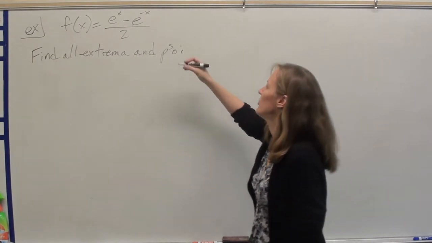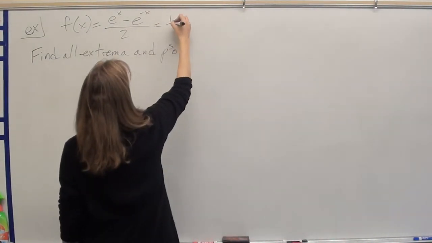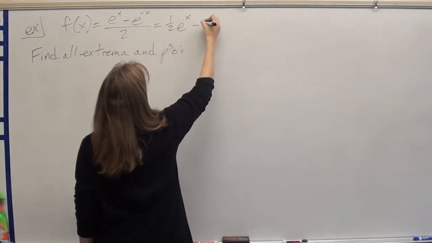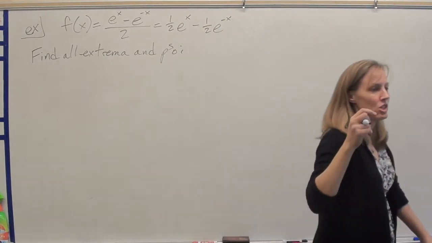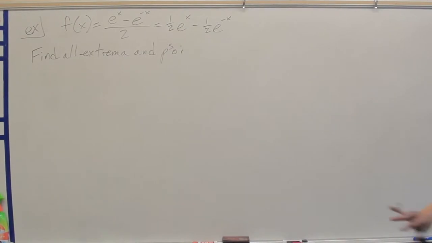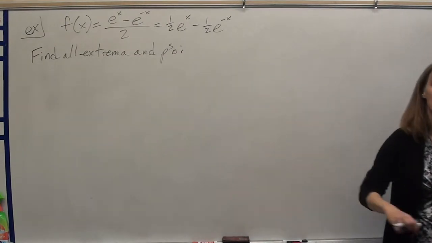Rewrite it as a coefficient. So you can just write this as 1/2 e to the x minus 1/2 e to the negative x. Remember, when there's just a number on the bottom, don't spend time on quotient rule, just rewrite it as a coefficient. Okay, everyone take a second now and find f prime.